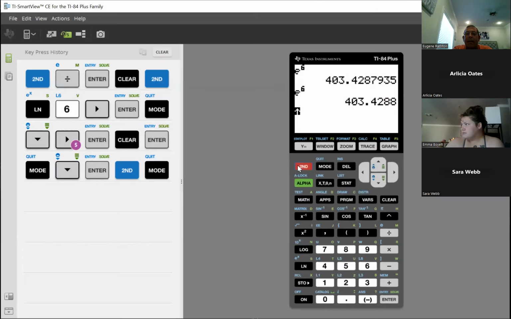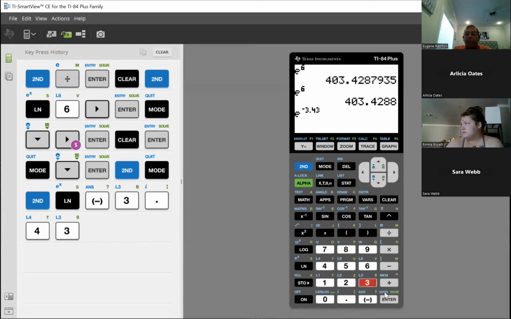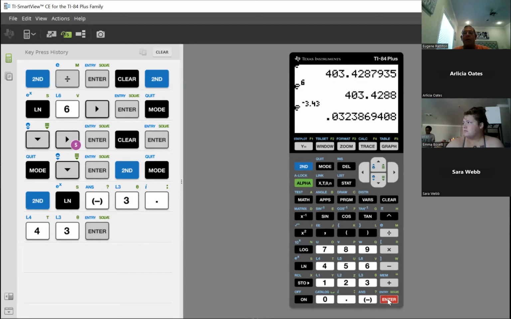So I'm going to hit second LN to get the e to the x. And I'm going to put in a negative 3.43. I'm going to hit enter.